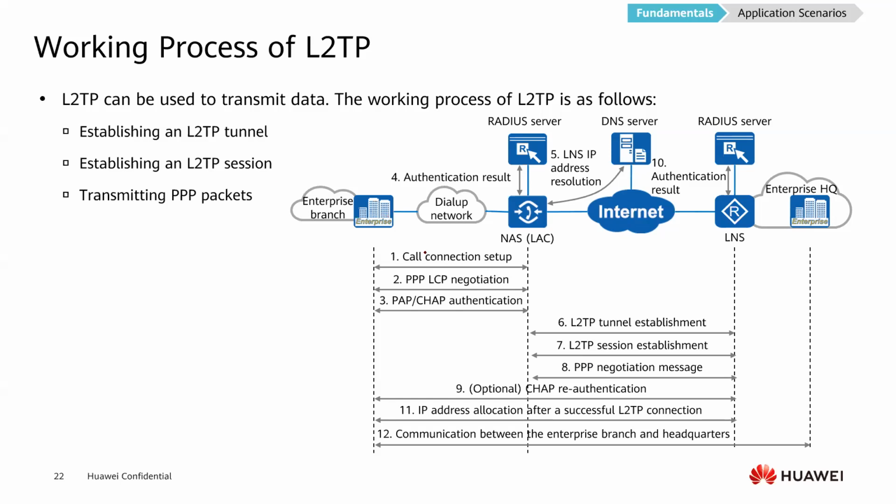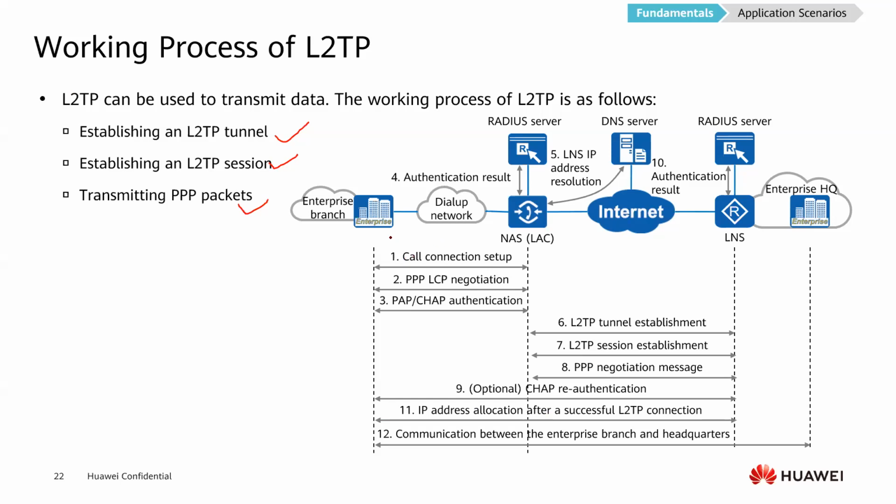Anyway, let's look at the working principle of L2TP. It's simple, with three steps. First establish the L2TP tunnel, then the L2TP session, then transmit the PPP packets. If you want to create an L2TP tunnel, you need to input a username and password.